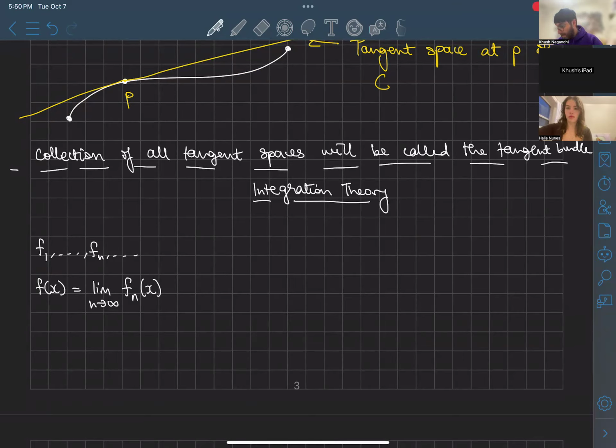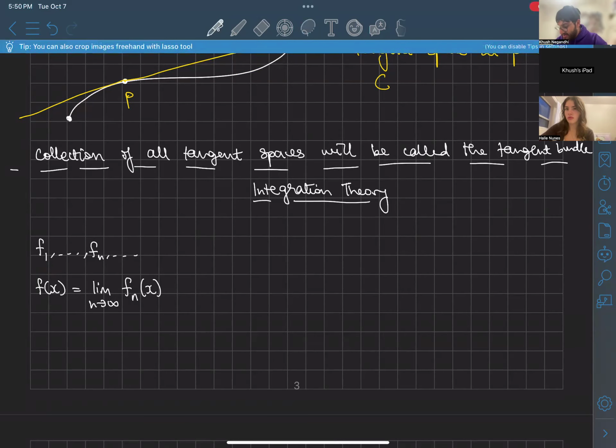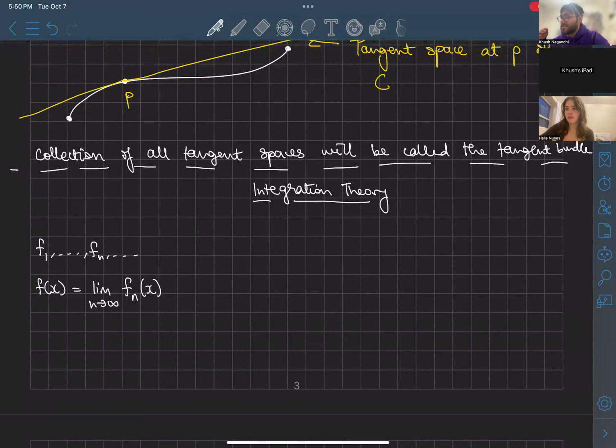And what about the uniform convergence of functions? Uniform convergence just means that a sequence of real valued functions fn uniformly converges to f if the supremum of the distance between fn and f is less than epsilon eventually.